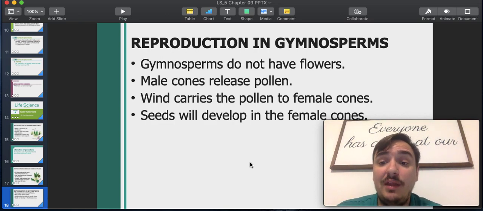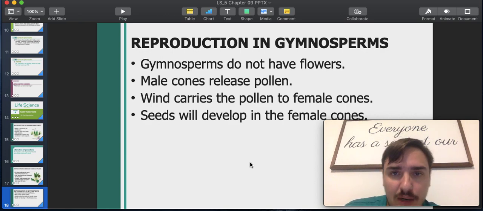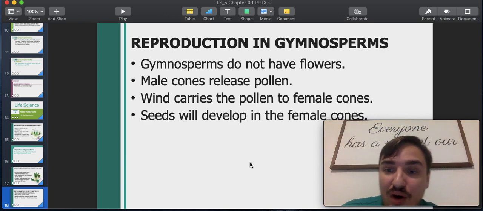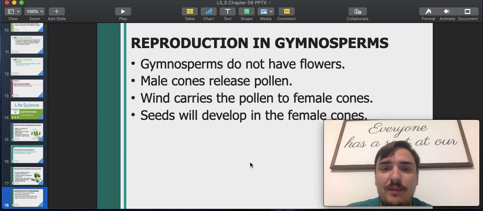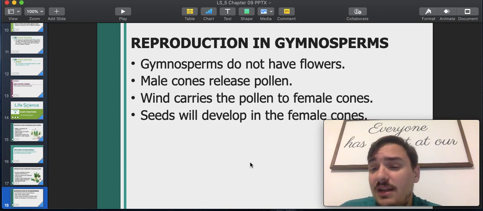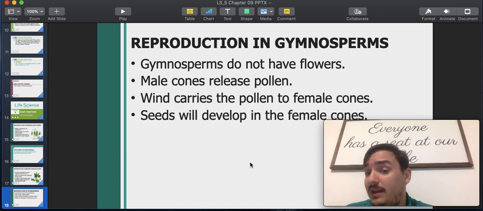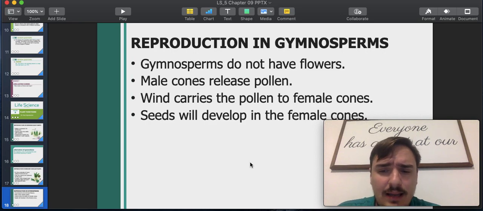Okay, so they'll rely on quantity over quality. They'll actually release huge amounts of pollen into the environment. And this is why we have our seasonal allergies, because gymnosperms release so much pollen. So what do gymnosperms rely on? Since they can't rely on water and they can't rely on insects, they actually rely on wind.